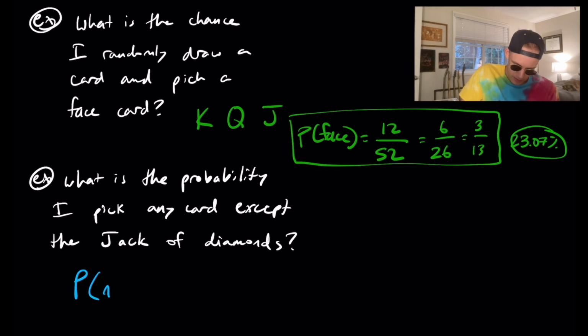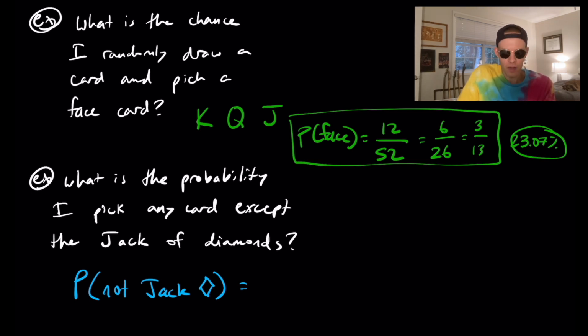So probability not jack of diamonds is going to be, well, we don't want that one card. That's the one card we don't want. We want all the other 51 cards, but not that one. So I'll take any of these 51 cards out of 52. There's only one that I do not want.